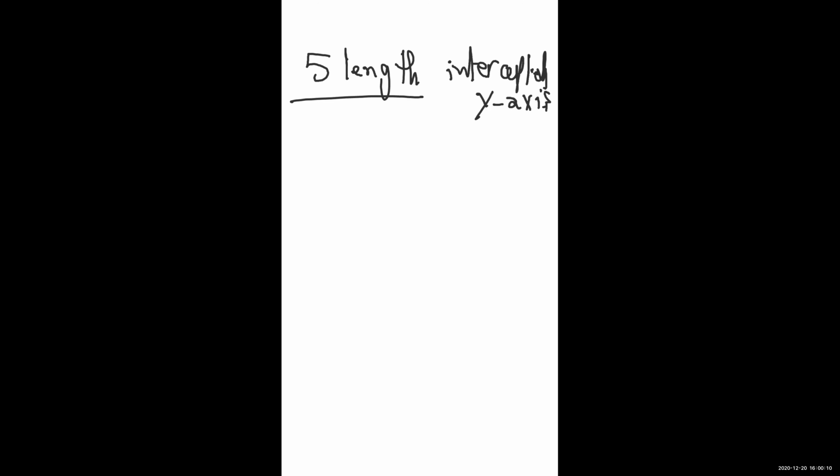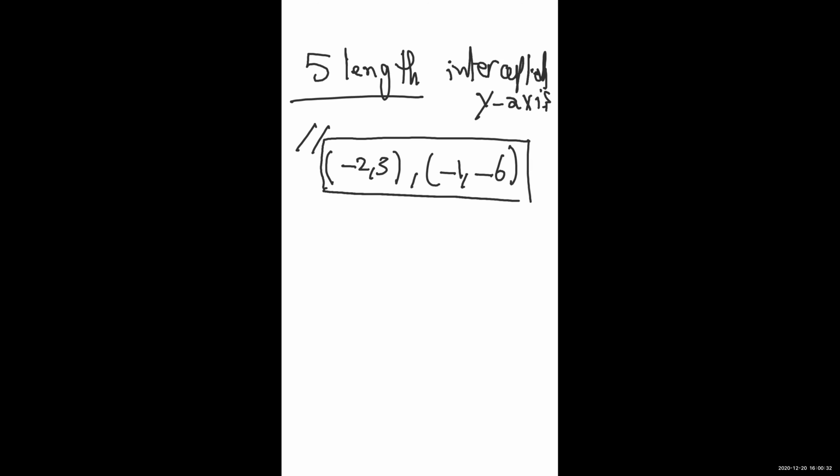And it's parallel to the straight line passing through the 2 points, it's parallel with the other straight line which passes through (-2, 3) and (-1, -6). So what can I do right now? Actually, I will get the slope for this one.